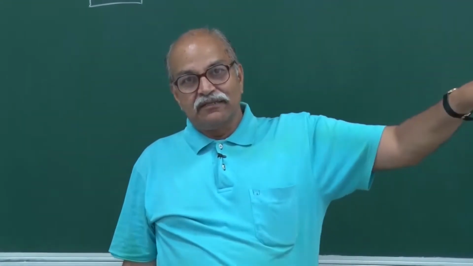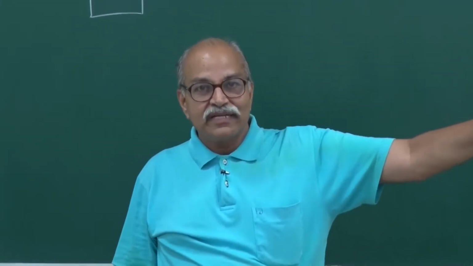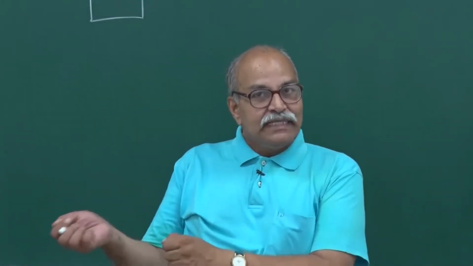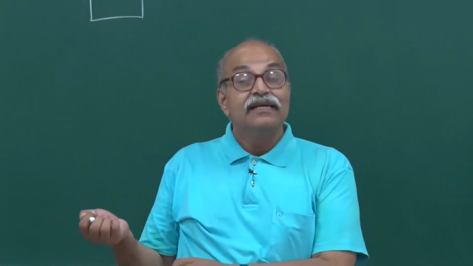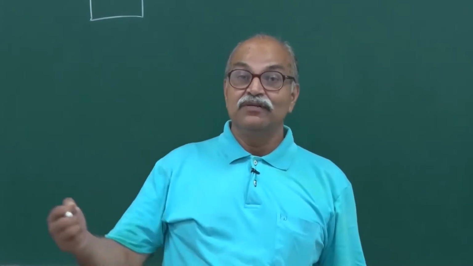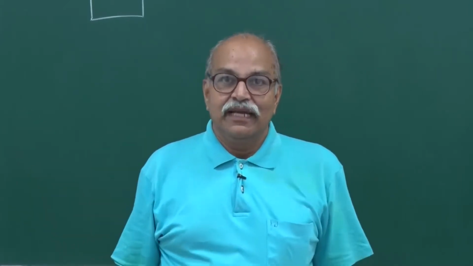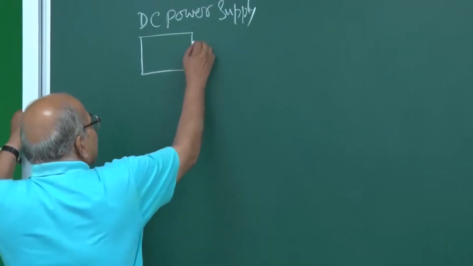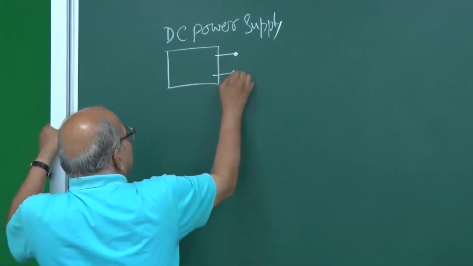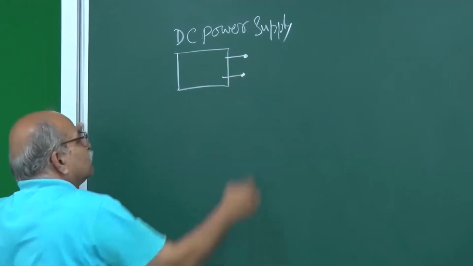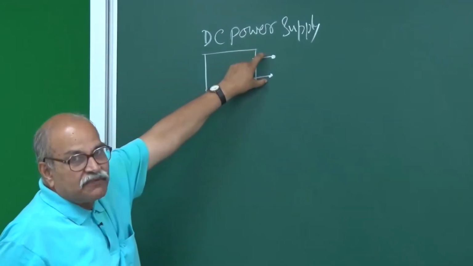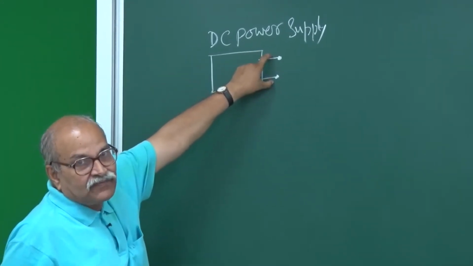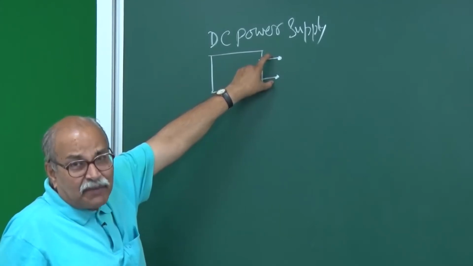We put it in that 220 volt socket, and then on the lead what appears is a DC of some 3.2 volts or whatever that appliance needs. So this DC power supply is supposed to give me a voltage difference here that must be fixed as a function of time. But many times it doesn't happen like that.